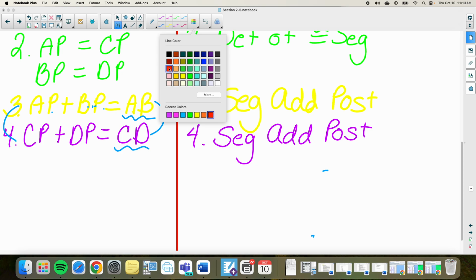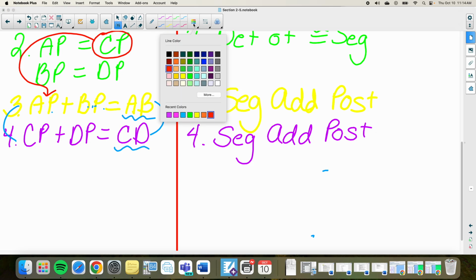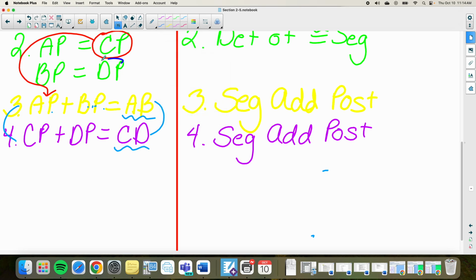So first of all, I'm gonna try to make AB look exactly like CD, and up above, AP equals CP. So I'm gonna put CP in here. Then DP equals BP. So what I'm gonna do there is take this DP and put that in for BP, okay?